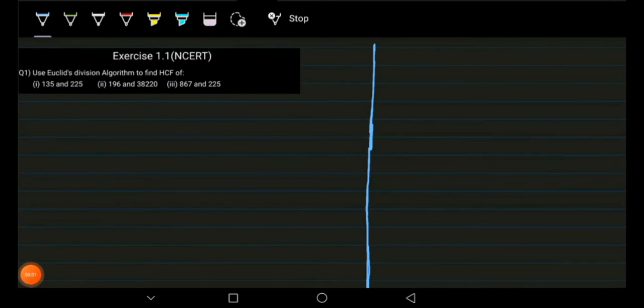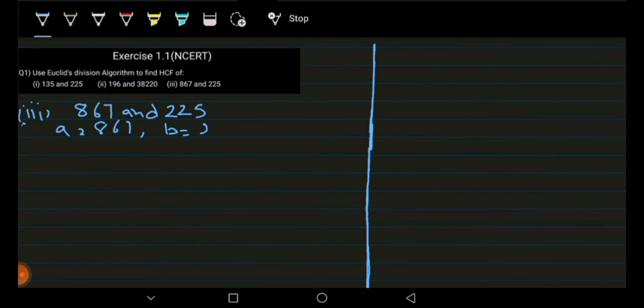Now third question. The numbers are 867 and 225. Here A will be 867 and B will be 225.